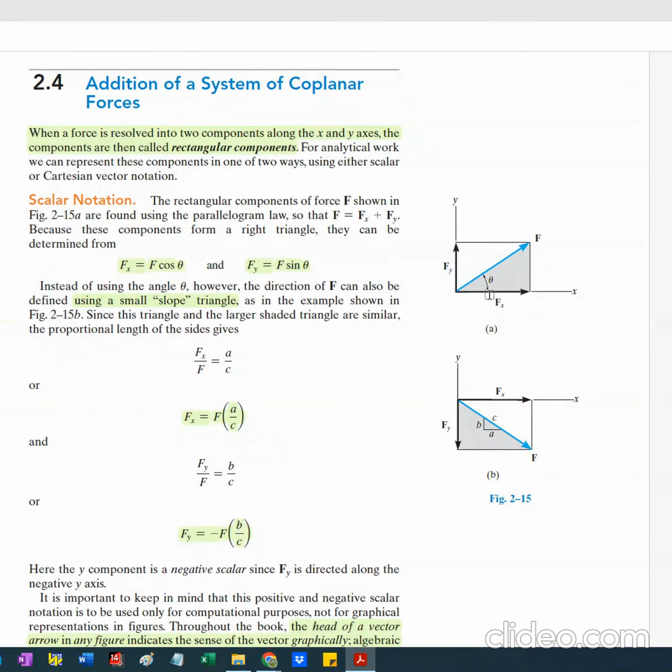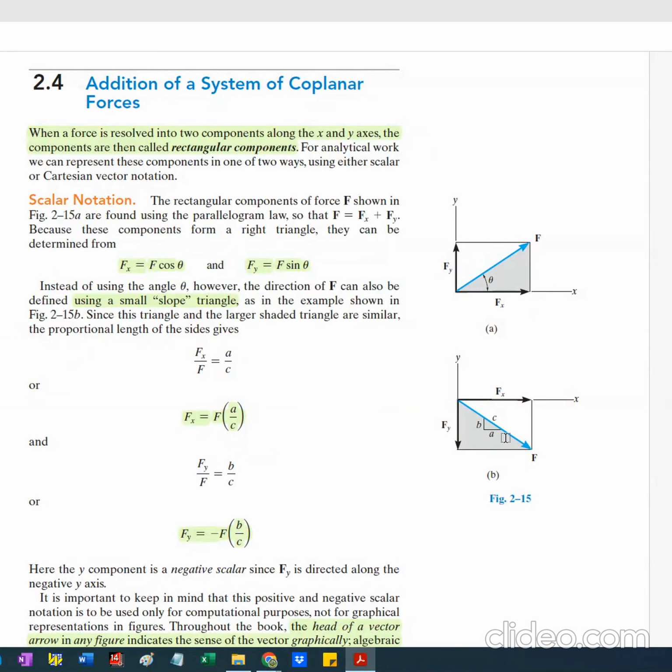Again, my preference is for angles being measured counterclockwise from the x-axis, so that will invariably make these two components, the projection of the F vector over x and y, magnitude of F cosine theta, and for the vertical axis, magnitude of F times sine theta.